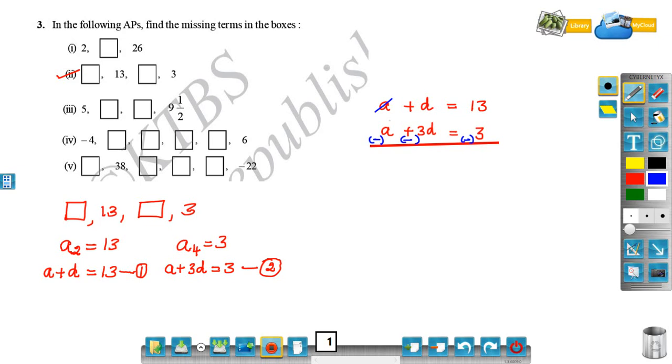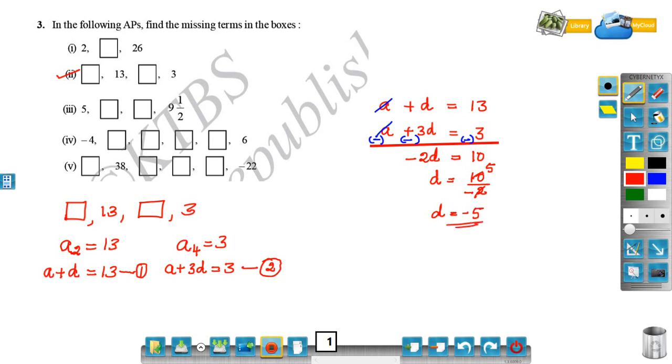So, a gets cancelled, plus 1 minus 3, that is minus 2d is equal to 13 minus 3, that is 10. So, d is equal to 10 divided by minus 2. 2 5s are 10. So, d is equal to minus 5.